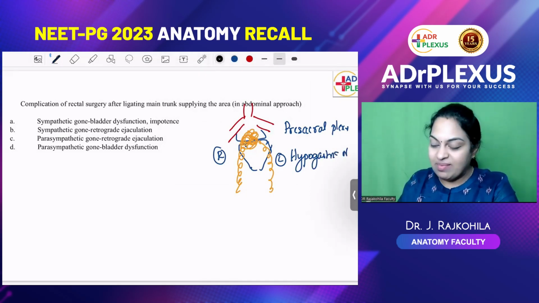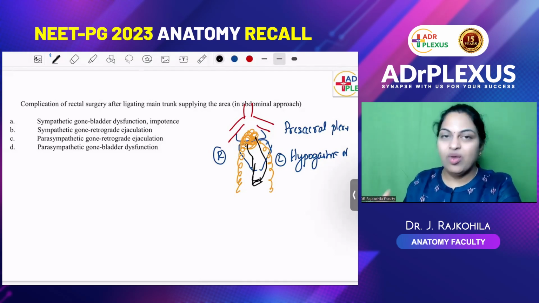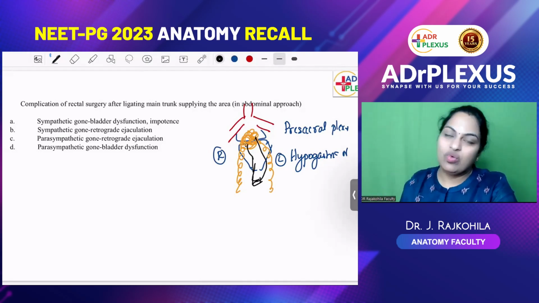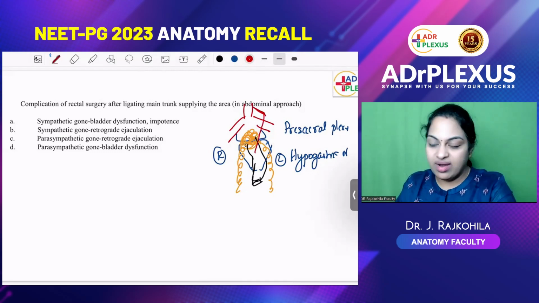Now, where is the rectum? Lying in front of the sacrum, right? So, this is the rectum and anal canal. Now, what is the relation of this plexus to the rectum? Posteriorly and posterolaterally. So, here, the inferior mesenteric artery is going to continue as the superior rectal artery.